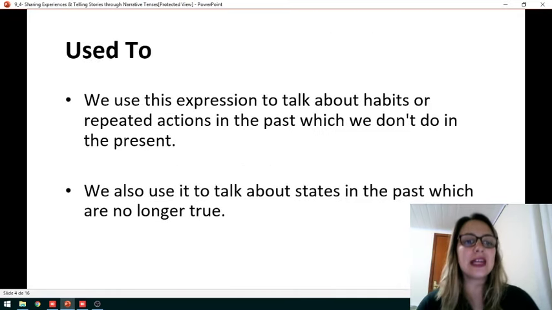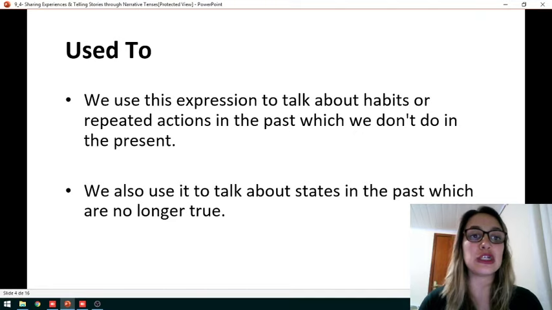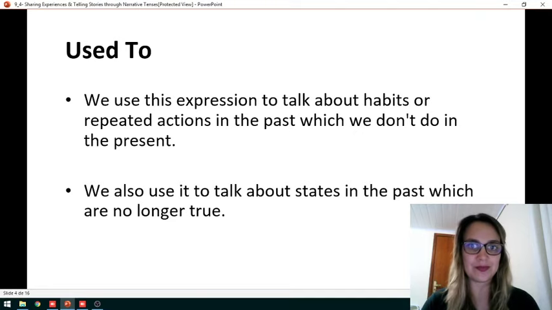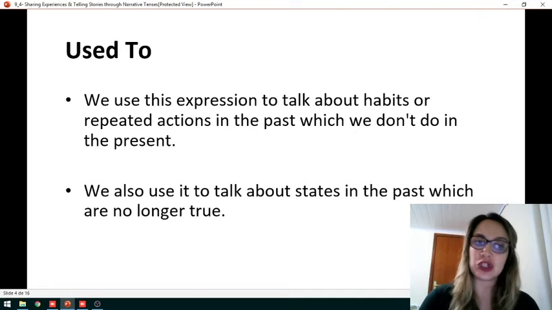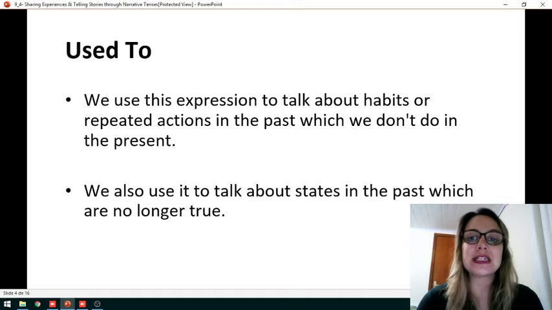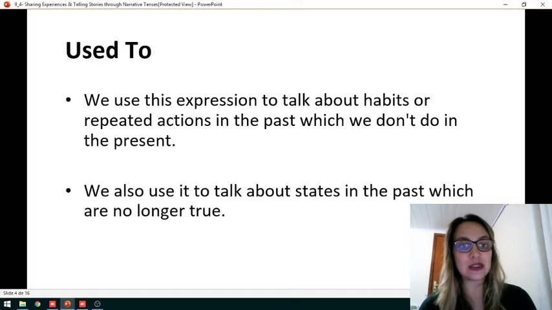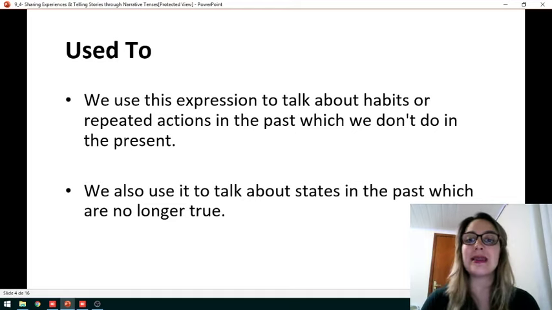All right, so let's first take a look at used to. We use this expression to talk about habits or repeated actions in the past. But the biggest thing to pay attention to is that we don't do them currently in the present. Okay?